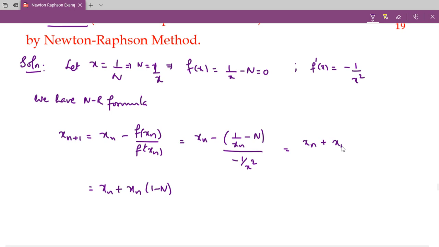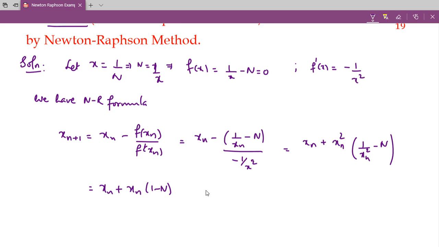This can be written as xn plus xn square into 1 by xn minus n. When you multiply xn square, this is going to be 1 by xn minus n xn square.